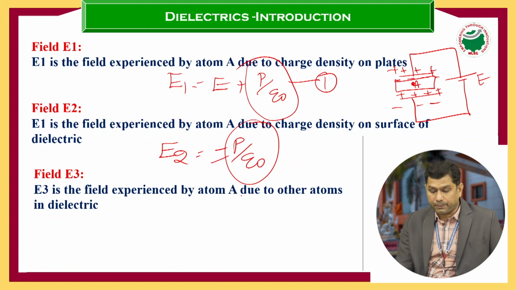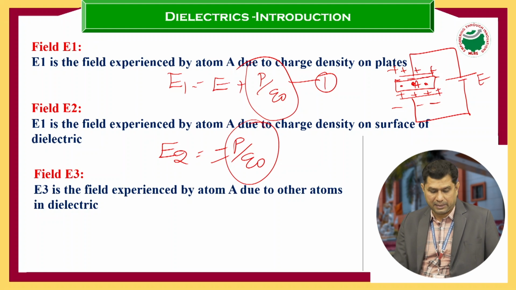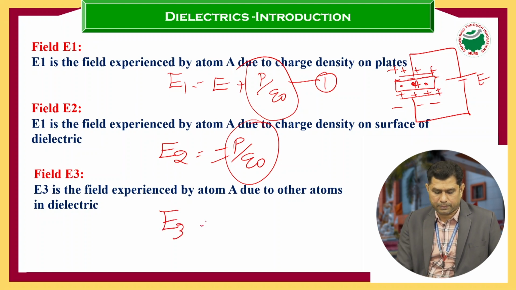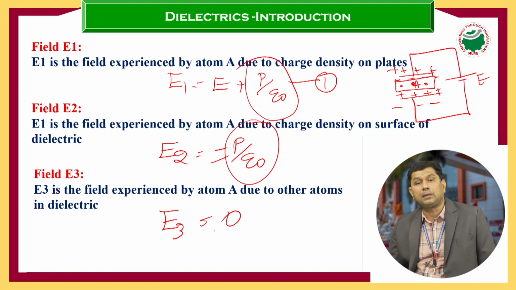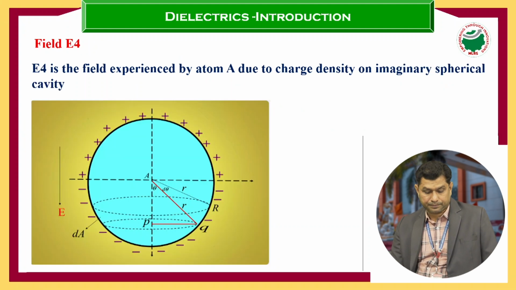E3 is the field experienced by atom A due to the other atoms, but if it is cubical, by symmetry the force experienced is automatically 0.